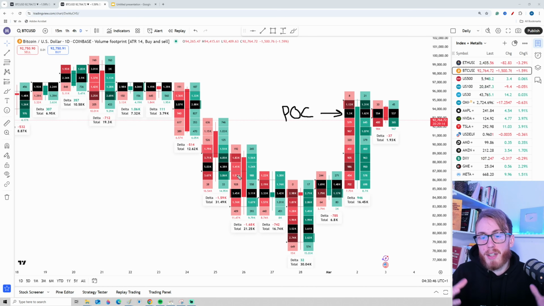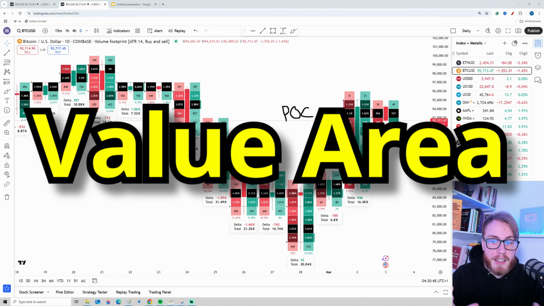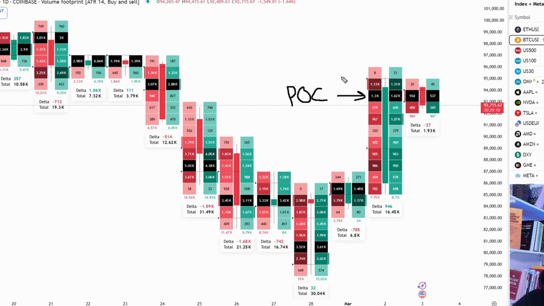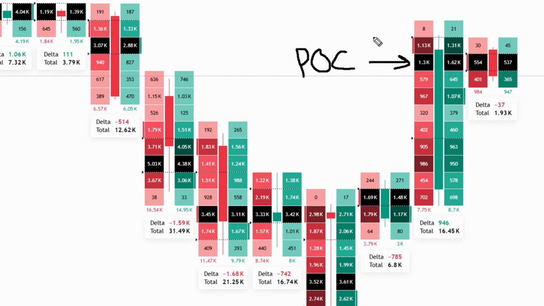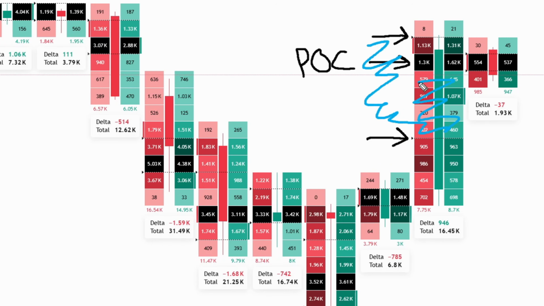Another concept you need to understand is something called the value area. And it's very hard to see on my chart right now. I'm not sure you guys can see this, but we have a slight black arrow right here, and we have a slight black arrow down here. And between these two arrows, so this whole area right here for the green candle, this is known as the value area.